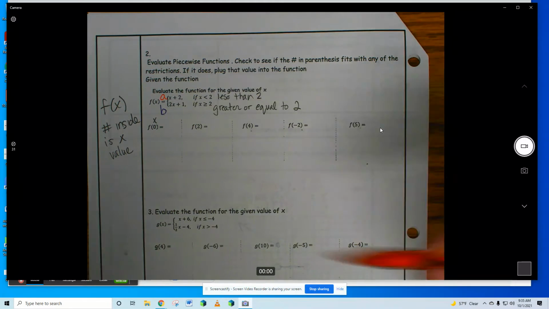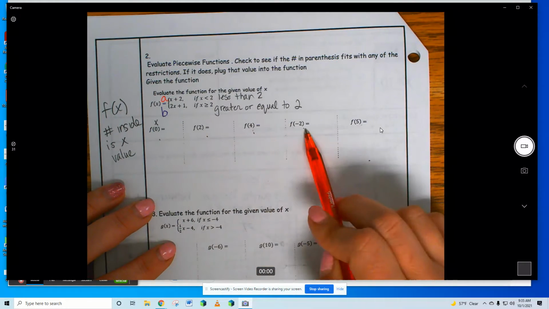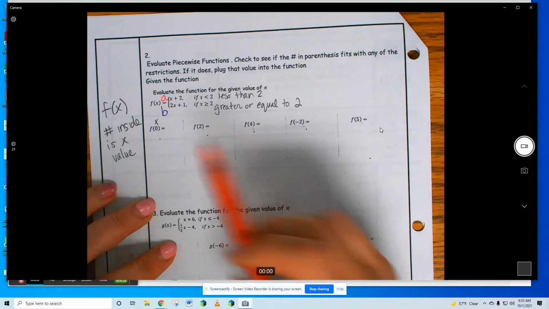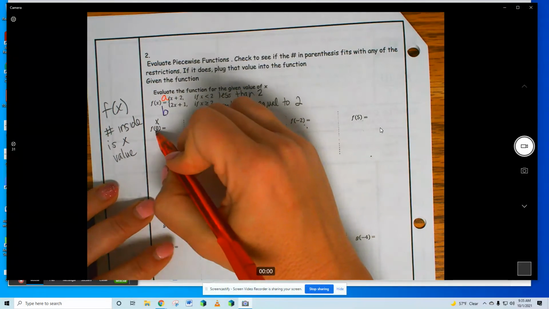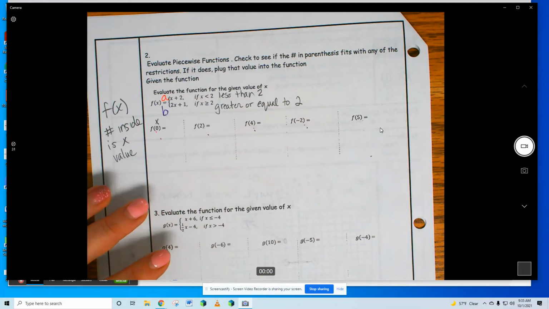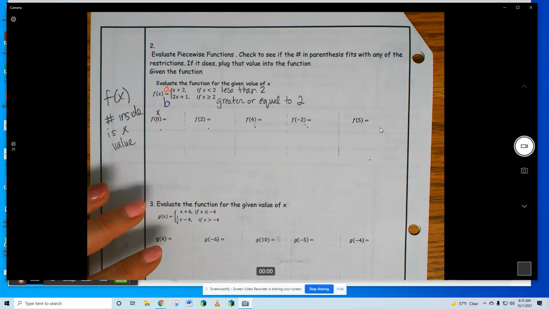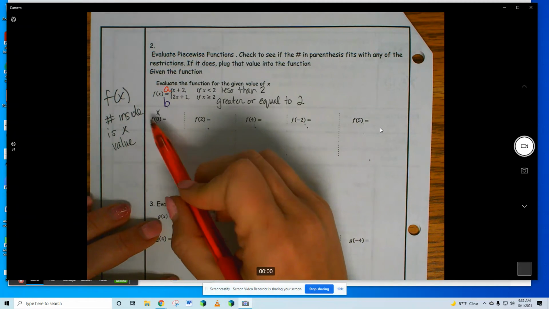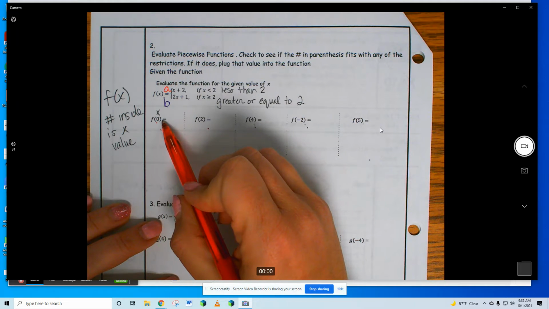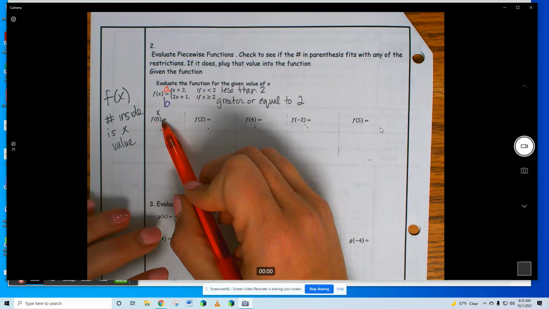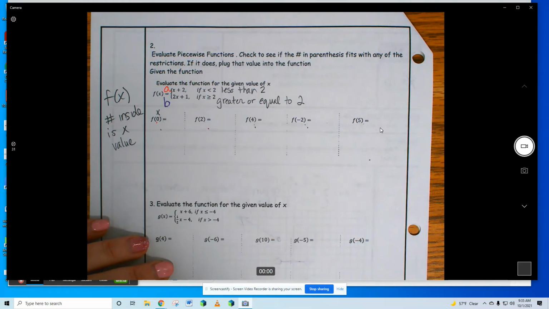Can you guys tell me which numbers here are less than 2? Is 0 less than 2? F of x. Am I going too fast? Okay. F of x, f of 0 is 0. If I put x in for 0, would that be less than 2?